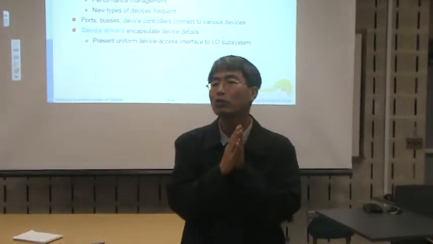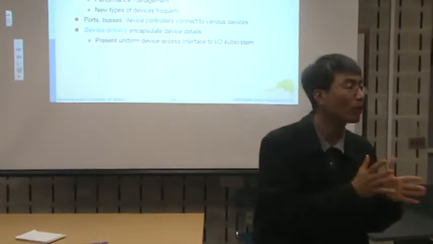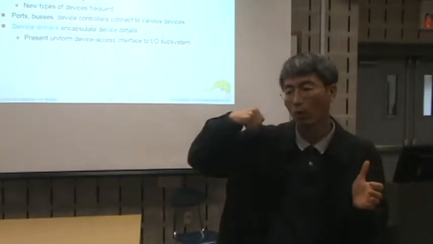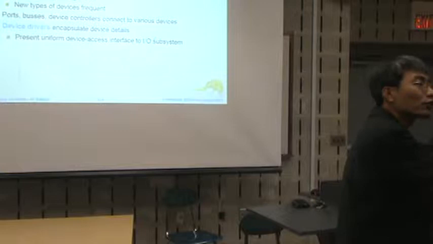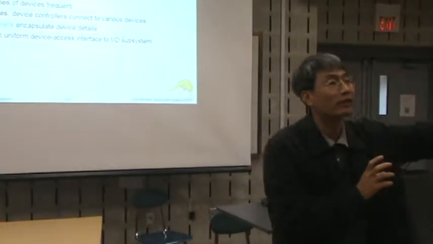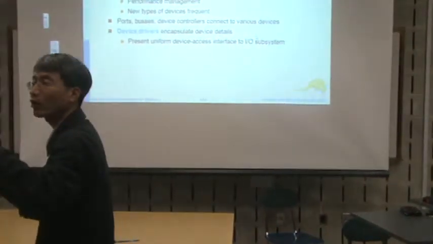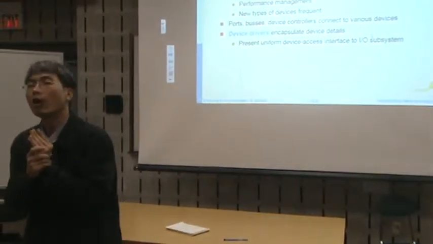So there should be something that can receive the order of the operation from the CPU, then ask the device to do something. That is the controller. As you have learned in your computer architecture class, the device should be connected to the controller.